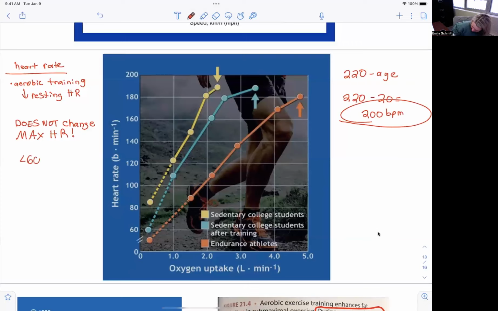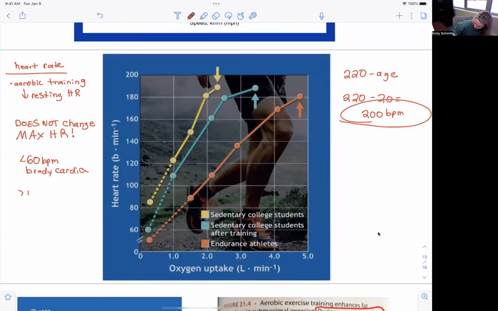Back to some heart rate terminology. If your heart rate is less than 60 beats per minute, and some endurance trained athletes do have, and I'm sure most of you have, a resting heart rate less than 60 beats per minute, that is the technical term called bradycardia.